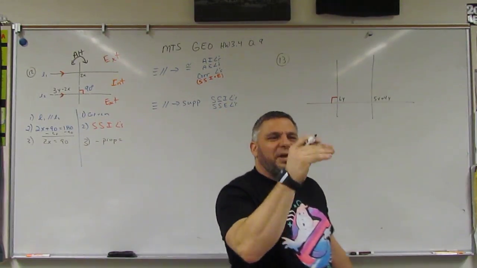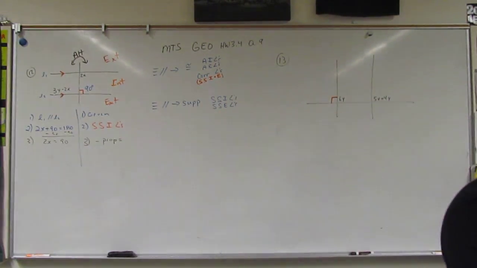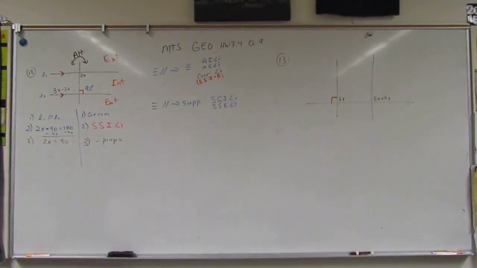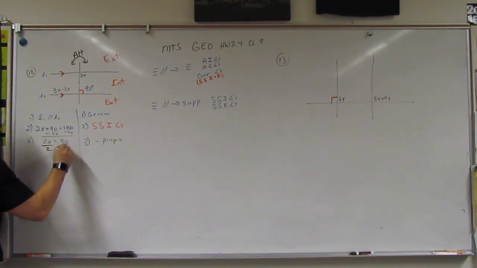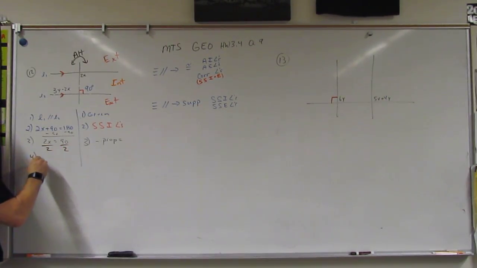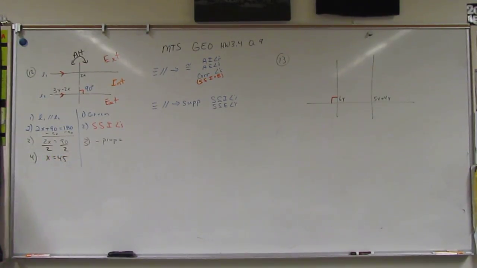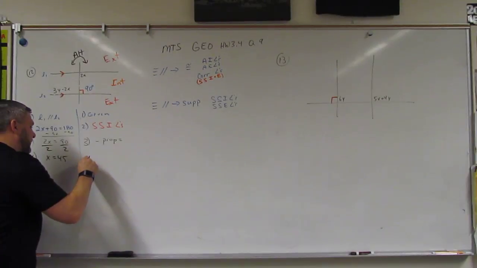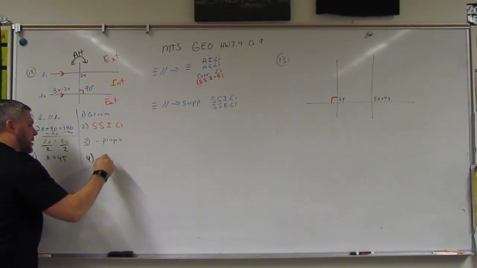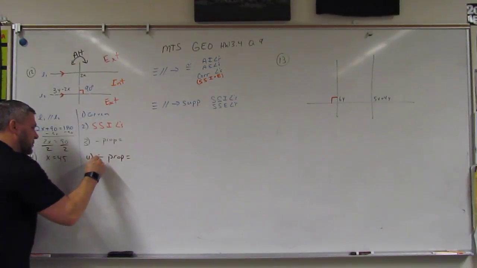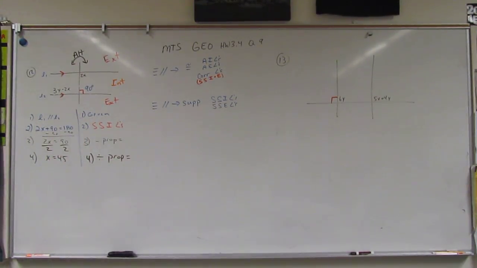You have to explain each step. Alright, what do we do now? Divide by 2, and we get x is equal to 45. That makes sense, right? What property of equality is that? Division. So that's not bad.